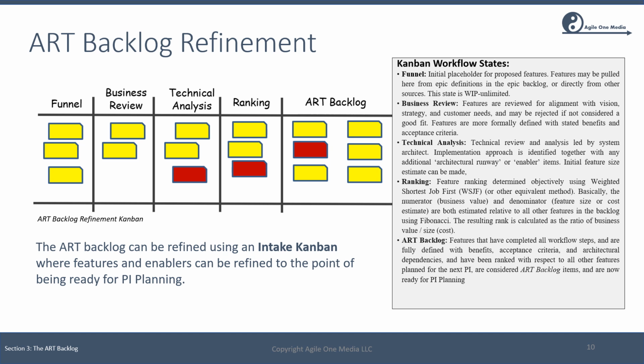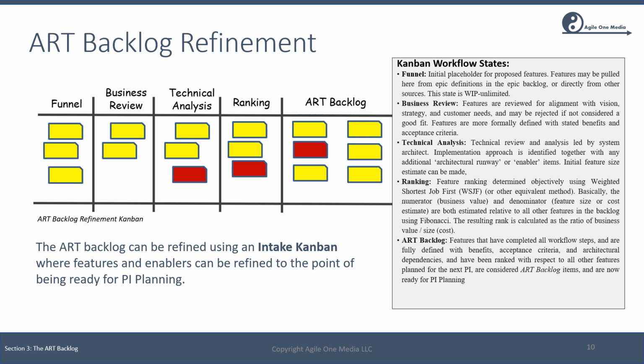Then, once that is done, we can do a technical analysis. A system architect would get involved, and they would figure out, are there any technology infrastructure implications for building this feature? In the case of high resolution images, do we need some image compression capability? We're going to have a lot more storage needed to store all this information.